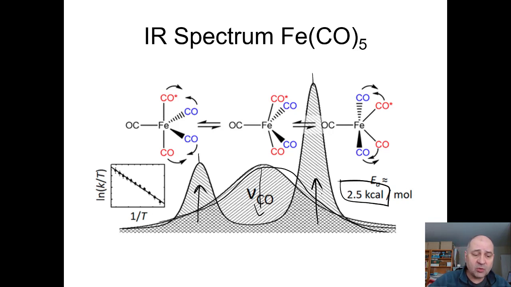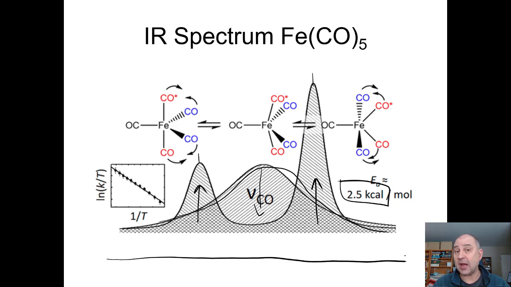At that point, in theory, you don't observe any signals, and this is true for NMR and IR alike, if you can get to that point. At that point, the speed of the process is equal to the speed of your instrument. We call that coalescence, and that's an important temperature.